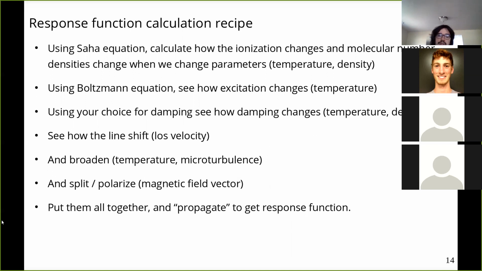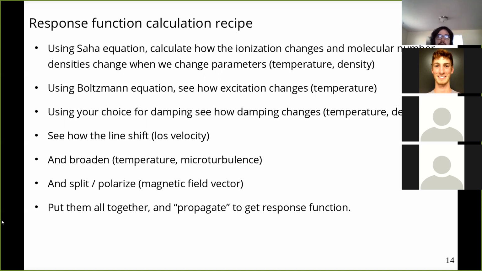You basically follow the same process of calculating the line shape, except you need to take the derivative of everything there. So instead of just solving the Saha equation to find the ionization states and so on, you have to basically see how that whole system responds to the temperature perturbation.